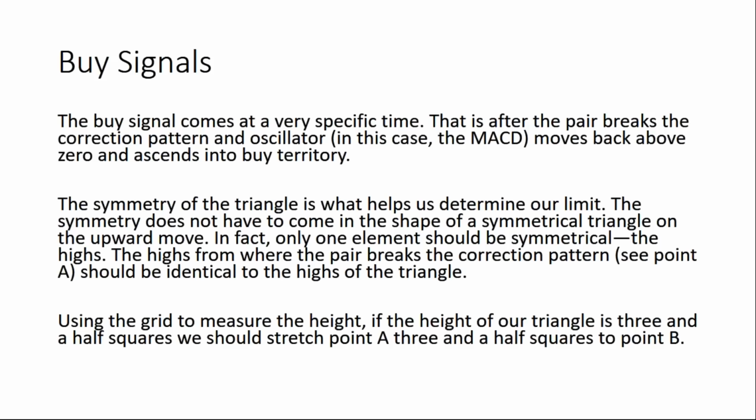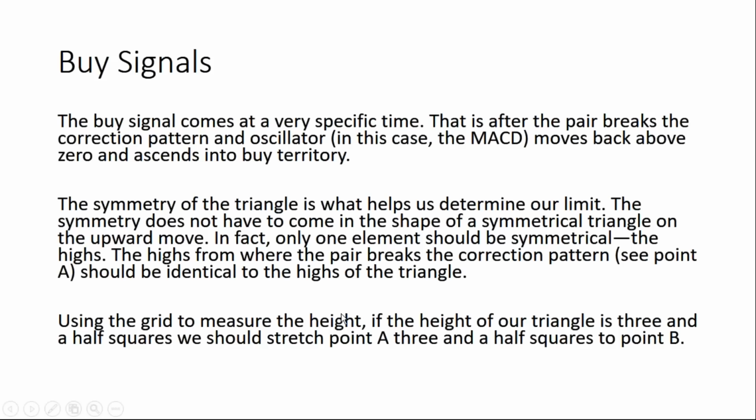The symmetry of the triangle is what helps us determine our limit. The symmetry does not have to come in the shape of a symmetrical triangle in an upward move. In fact, only one element should be symmetrical: the highs. The highs from where the price breaks the correction pattern should be identical to the highs of the triangle.